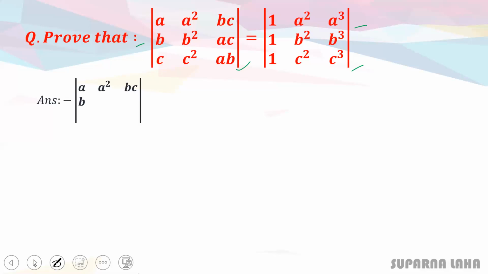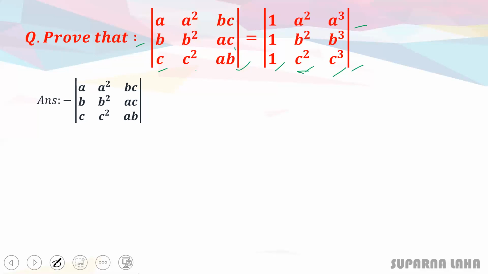So what I'm doing here, look: one column is 1, one column is a square, b square, c square, and another column is a cube, b cube, c cube. And look here: one column is a, b, c, one column is a square, b square, c square, and one column is b, c, a, c, a, b.